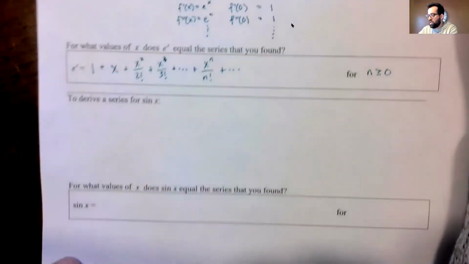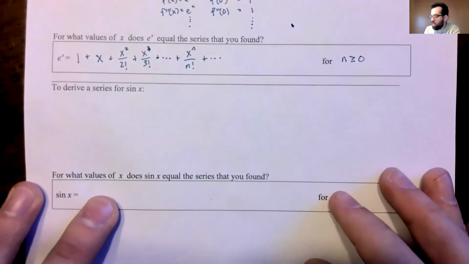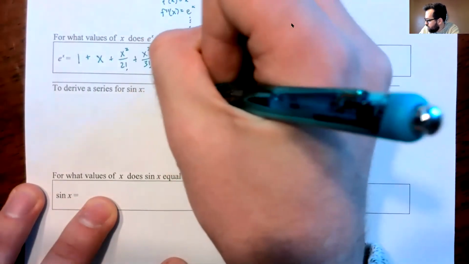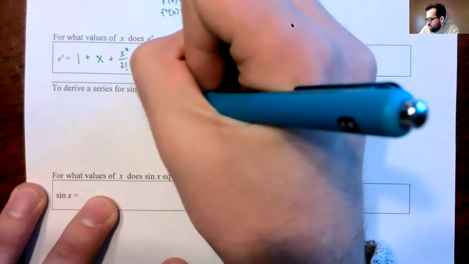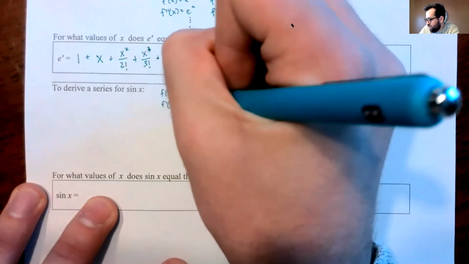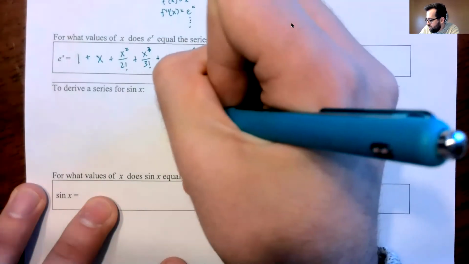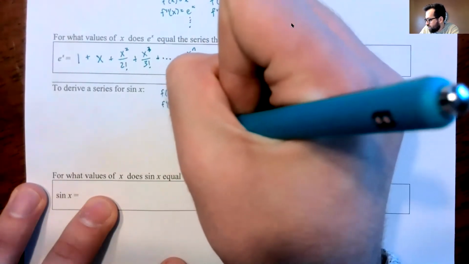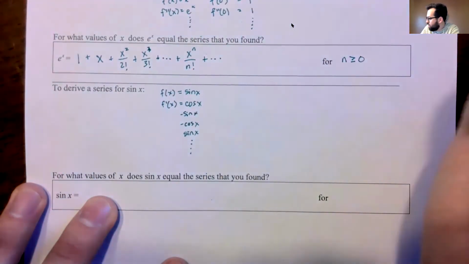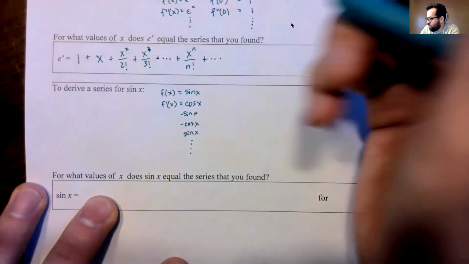For the next one, to derive a series for sine of x, we're going to try to follow the same pattern. So we're going to start with finding all the derivatives. So we've got sine, cosine, negative cosine, negative sine, back to sine. It all started over. And then we're centered at 0.